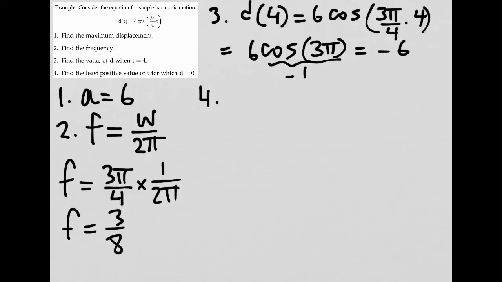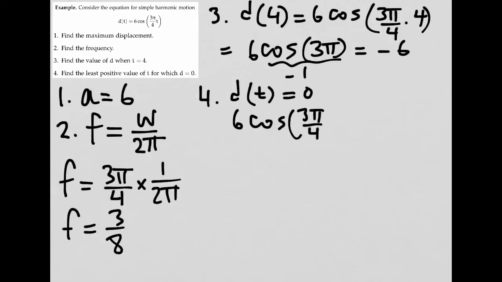Fourth, we want the least positive value of t for which d is 0. Now, if d of t is 0, this means we're looking at 6 cosine 3 pi over 4 t equals 0.